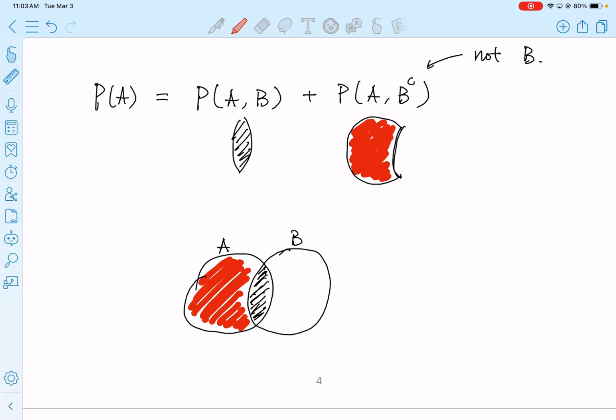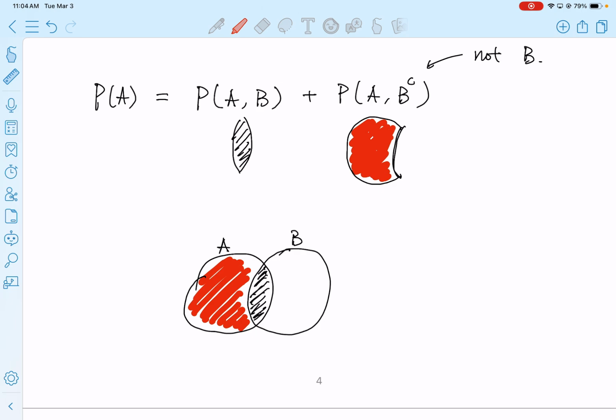The marginal P(A), which is represented by the circle of A only, can be separated, depending on some other event, into two regions, the black region and the red region. The black region refers to when both A and B are happening at the same time.